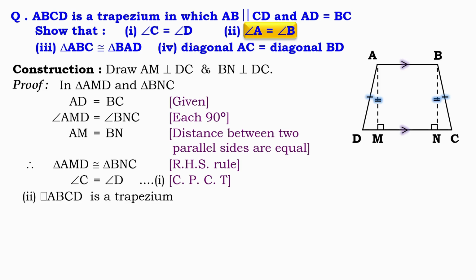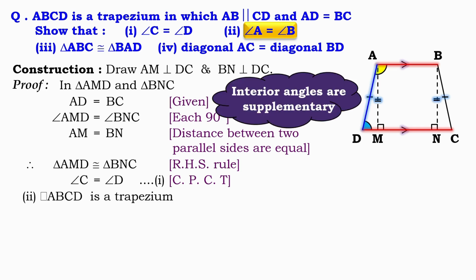Now in ABCD, we know that ABCD is a trapezium, right? Now a trapezium means AB is parallel to CD, and AD is a transversal line. So we also know that when there are two parallel lines and a transversal line, then the interior angles are supplementary. Means that if we add up two co-interior angles, that will give you 180 degrees.